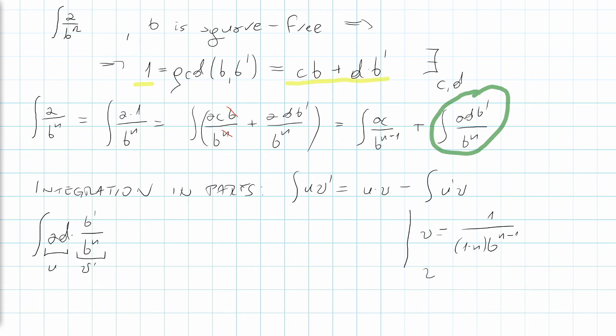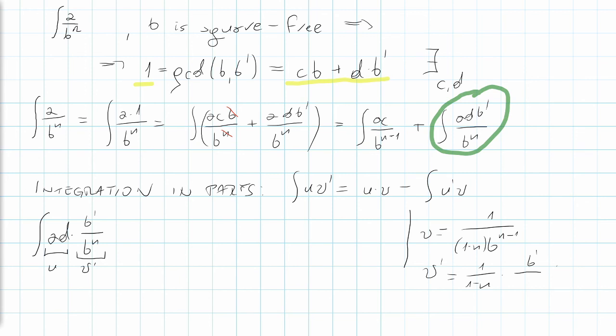Indeed, if we compute v prime, we have the factor 1 over 1 minus n, which is a constant, times the derivative by the chain rule: the derivative of b, which is b prime, times the derivative of something to the n minus 1 power.